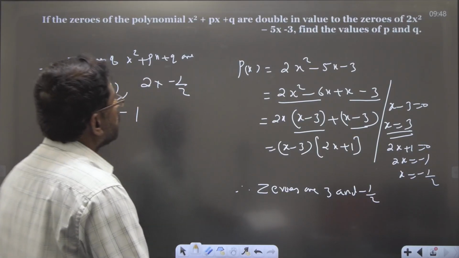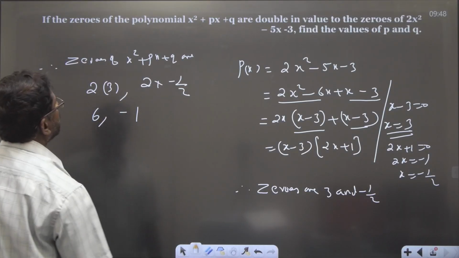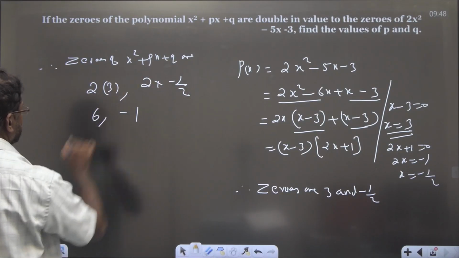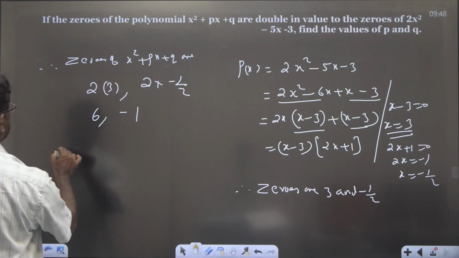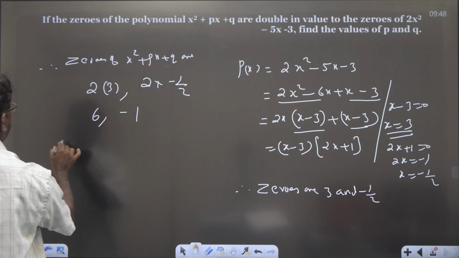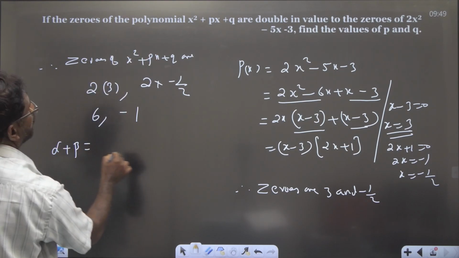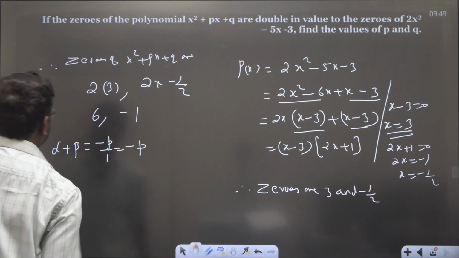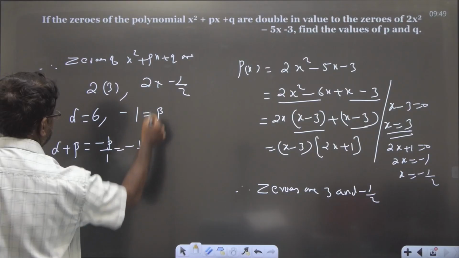Therefore, we have to find p and q. Suppose alpha and beta are the zeros of this polynomial, with alpha 6 and beta negative 1. Alpha plus beta is equal to minus p by 1, that is minus p.